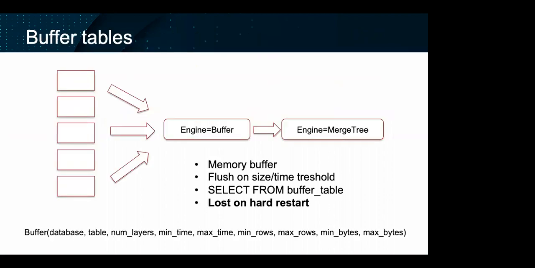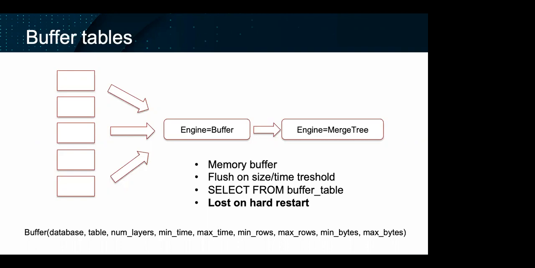So, buffer tables. Once again, the use case is where we have multiple small inserts coming into the system. In this case, you set up this buffer table, which is connected to a particular destination table, in this case a merge tree table. It collects those small inserts, and when a size or time threshold is hit, it flushes the data to your merge tree table.